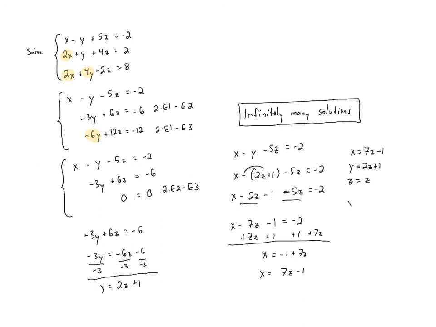And so when we do that, we've got x equals 7t minus 1, y equals 2t plus 1, and z equals t. This is called a parameterization, and it turns out that this is a parameterization of a line. This is a line in 3 dimensions, and it turns out that all of the solutions to our system of equations here fall on this line.